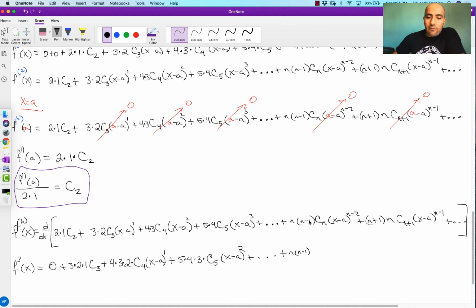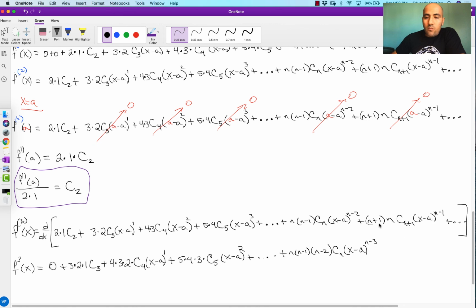Now we bring that in front, and we end up with another term of n minus 2, c sub n, and then x minus a to the power of n minus 3.